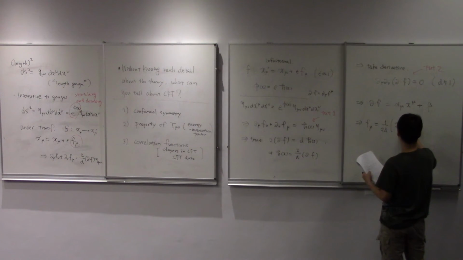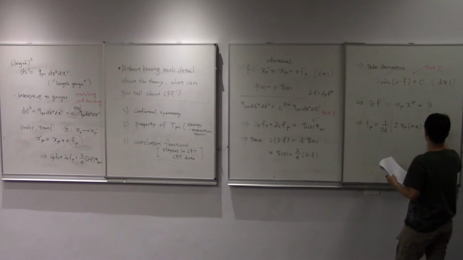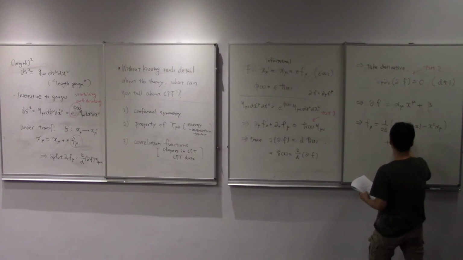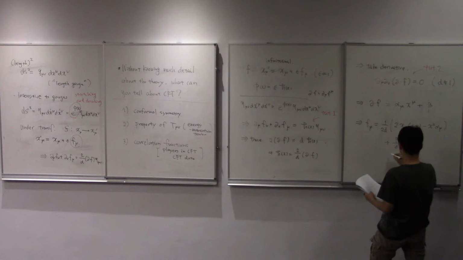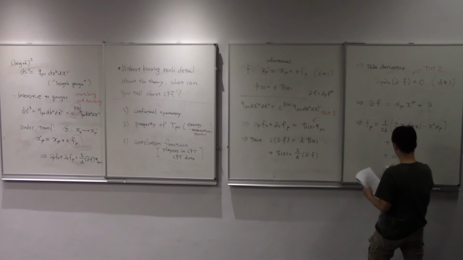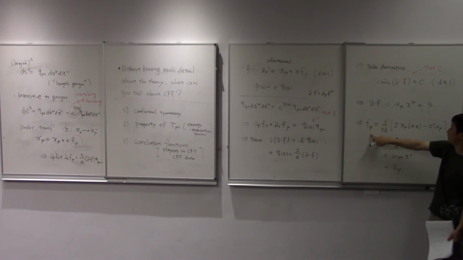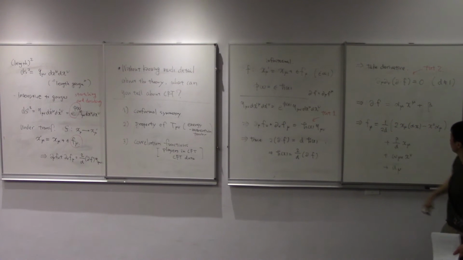2 x mu alpha dot x minus x squared alpha mu. That's one part. Plus beta x mu, plus omega mu nu x nu, plus a mu. If you take the derivative of this and then take the trace, you will find that this gives you this one.